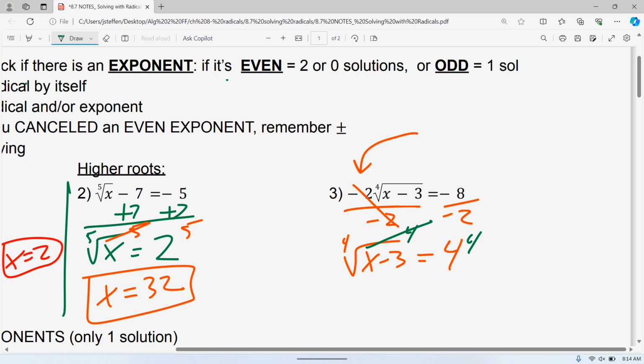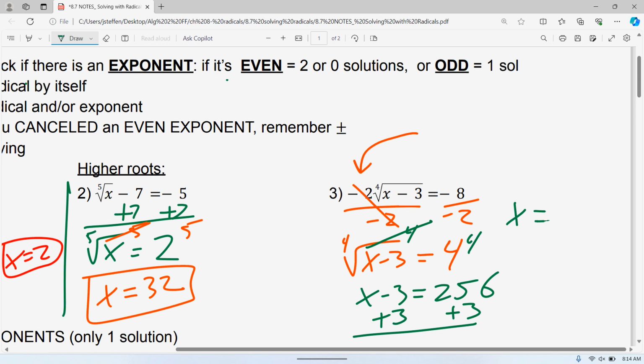Both of them to the 4th power, since that index. So that's x minus 3 is equal to 256. And last but not least, add 3 to both sides. 256 plus 3 is 259.